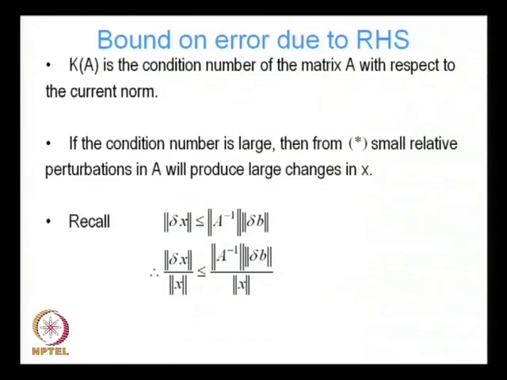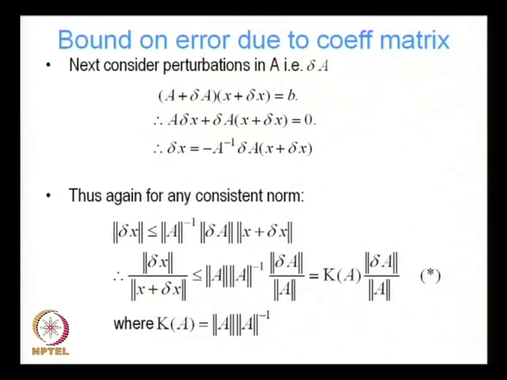If the condition number is large, then from star, small relative perturbations in A will produce large changes in x. Let us look at this expression again. If my condition number is large, and small relative perturbations in A, that is, norm of delta A by norm of A is small, then the change in the solution will also be large.